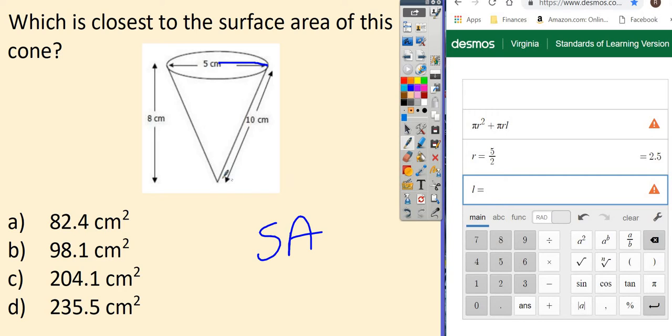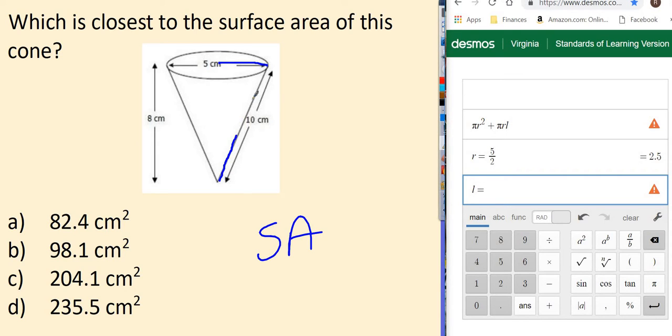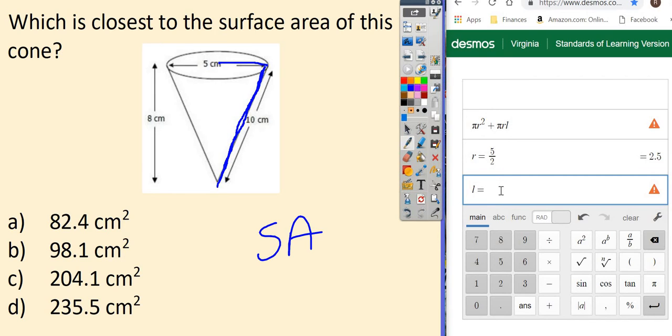Then again, when you look at your picture on your formula sheet, the slant height is this side right here. So it is not 8, it is actually 10. Your L is 10. So again, use your formula sheets to the best of your ability and you will get your answers. There is B.